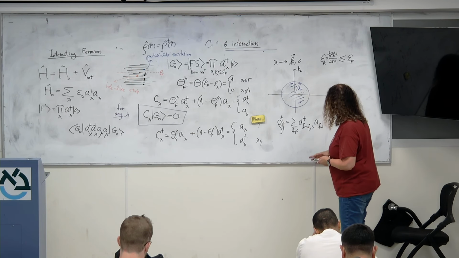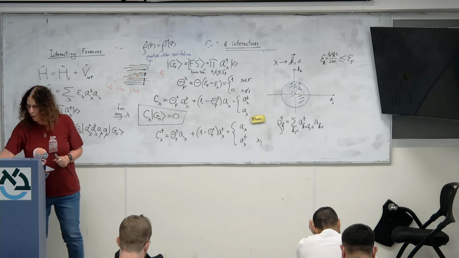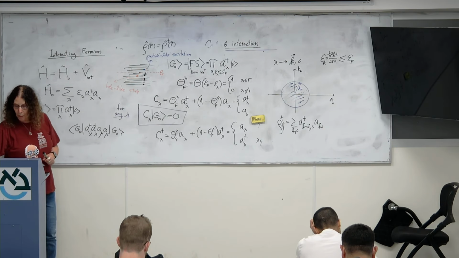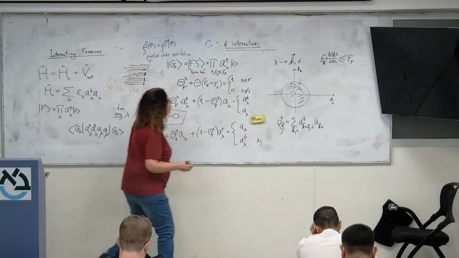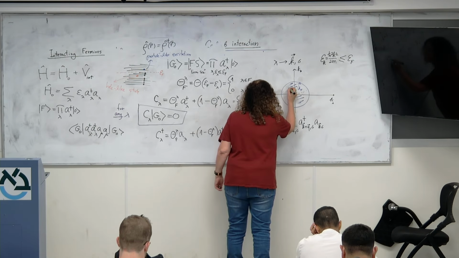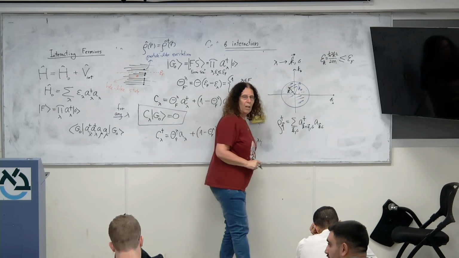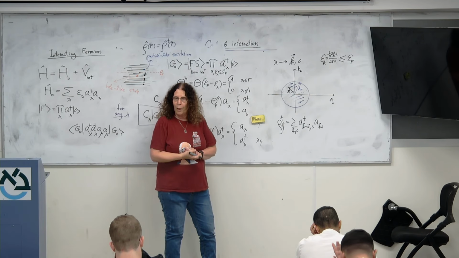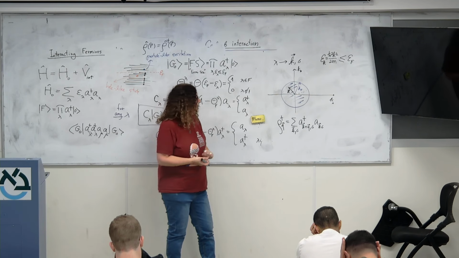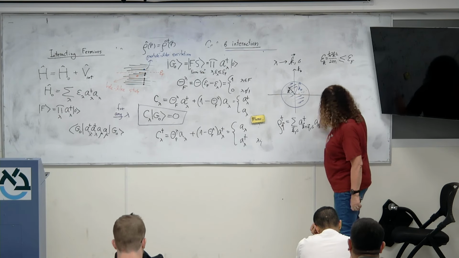So, let us draw it in a picture. Suppose you start from some K state that is inside the occupied Fermi sphere. When I apply such a term on it, what does it do?